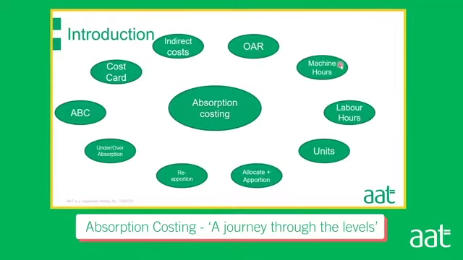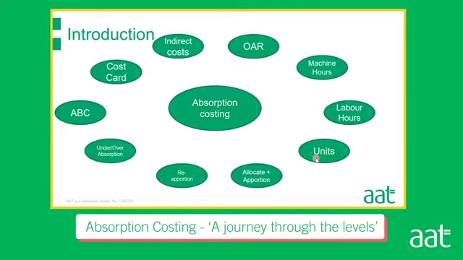Simply, we can choose the next 3 bubbles. We can go for the simplest approach of all, which is to divide through by the total units we're going to produce or we're going to provide if we're a service industry across all of our range of products. And we get an amount of overhead per unit, and that will help us complete that cost card.